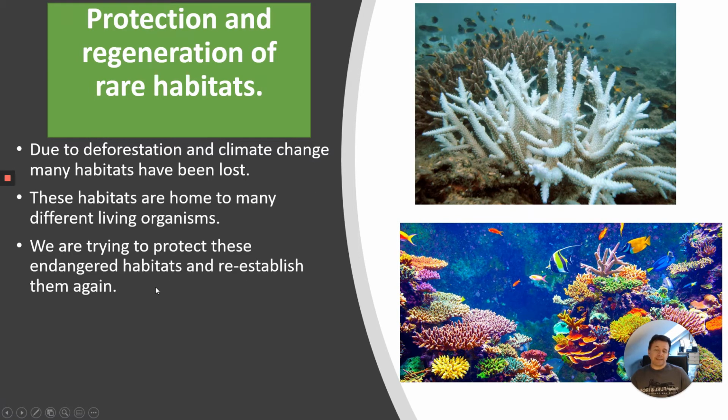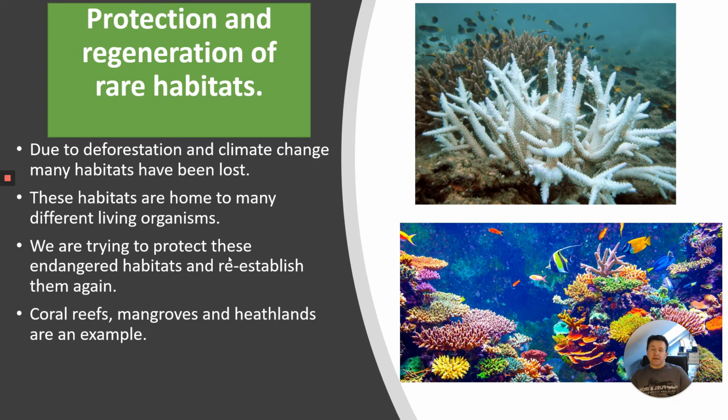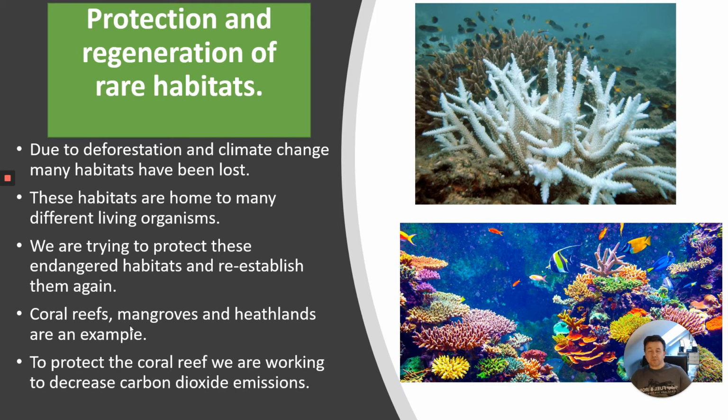People are trying to protect these endangered habitats and re-establish them again. For example, for coral reefs, there are programs to recolonize dead areas. Mangroves and heathlands are also examples. That's what we mean by conservation: conserving habitats and also trying to enhance or bring back habitats that have been lost due to human activity.